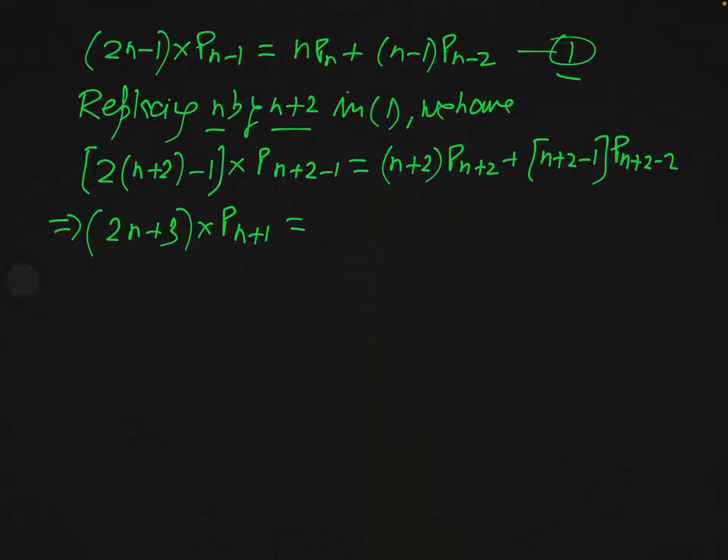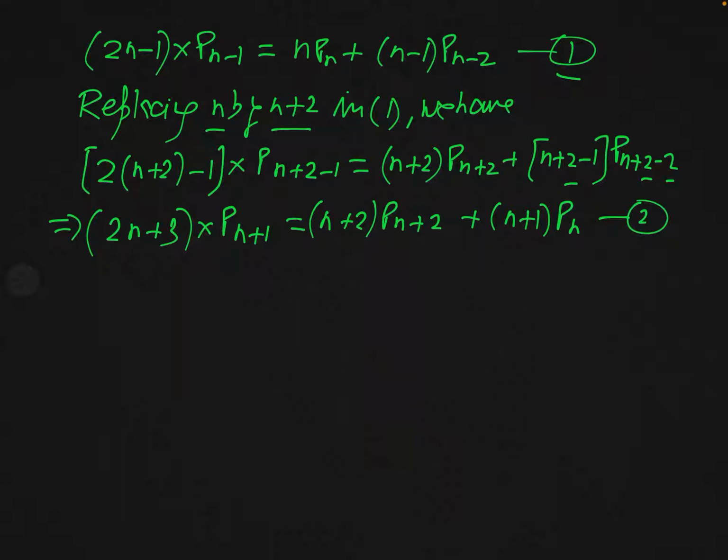And that is equal to n plus 2 into pn plus 2. And in the last term, since here it is 2 minus 1, that will be plus 1. So this is plus n plus 1 into, and here 2 and 2 will cancel, so this is simply pn. And let us say this is equation 2.